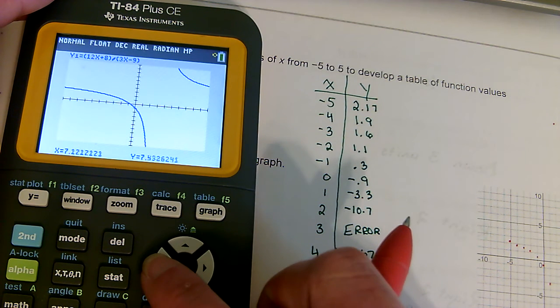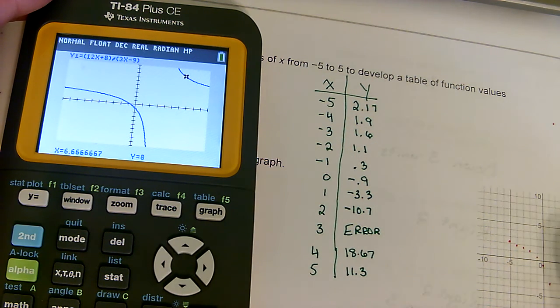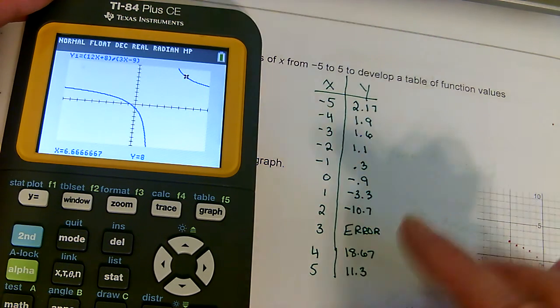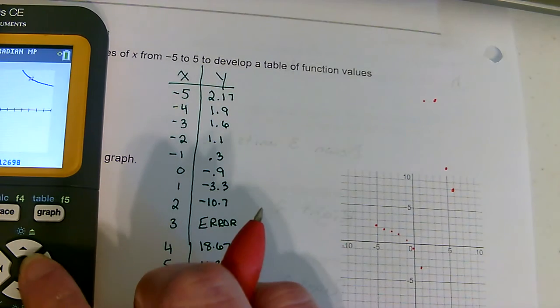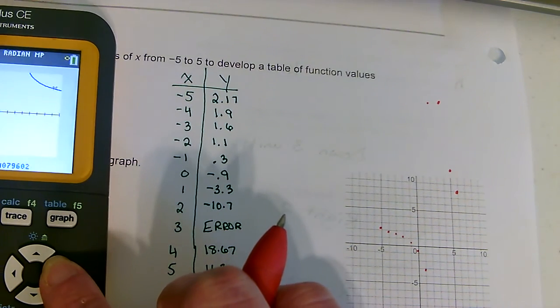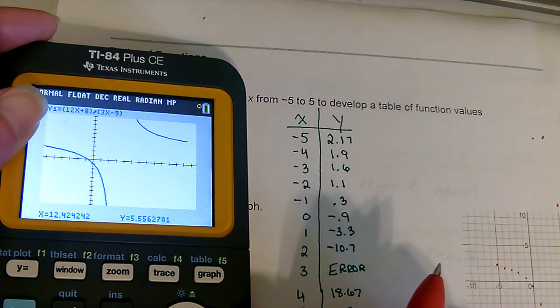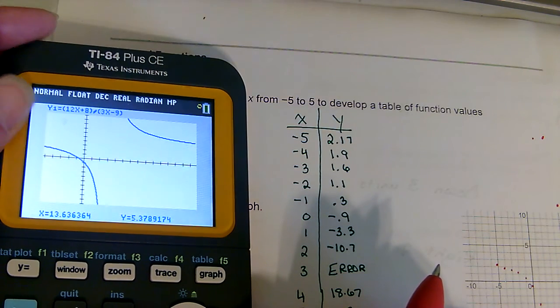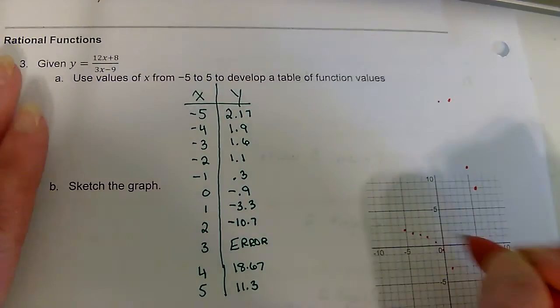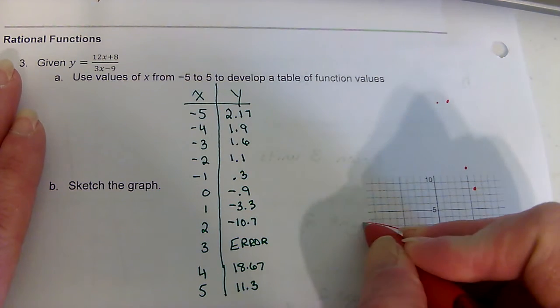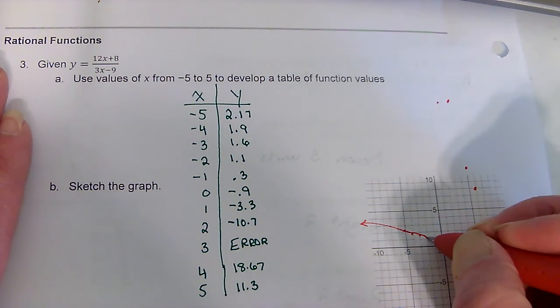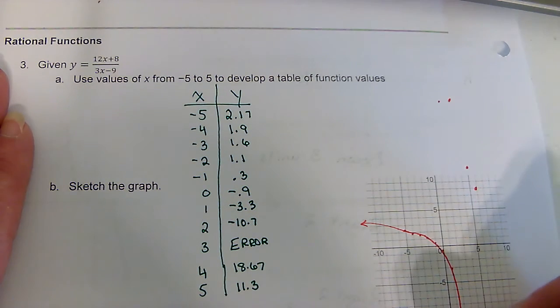Like 6.5. We're at 8. And then I wonder what it's going to do as I keep going this way. It's actually going to level off at 4 that way as well. So I end up with this graph that does something like this.